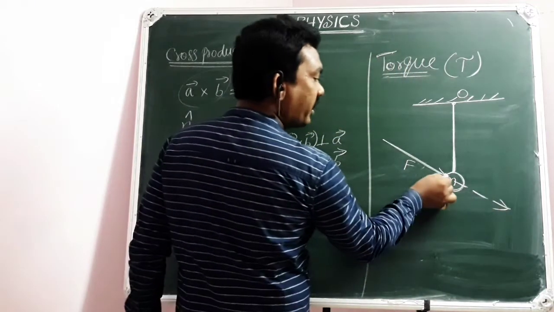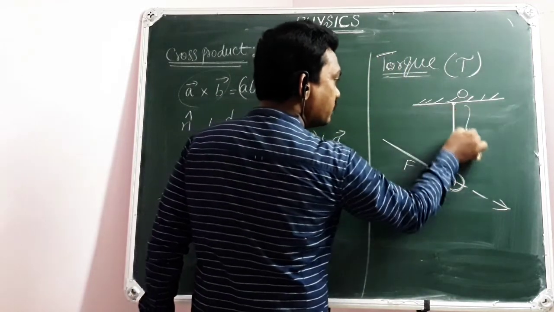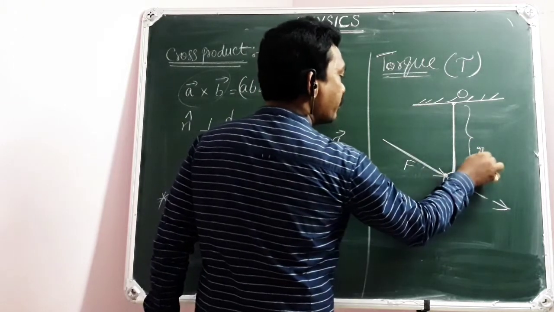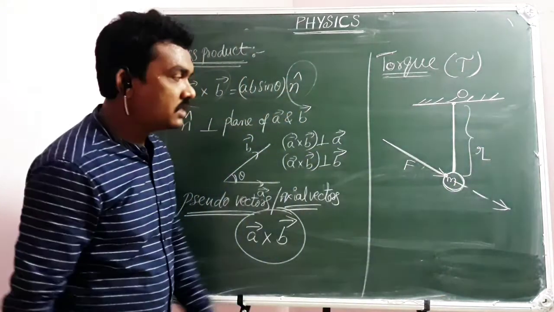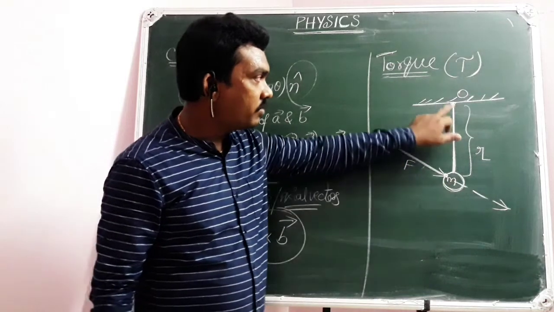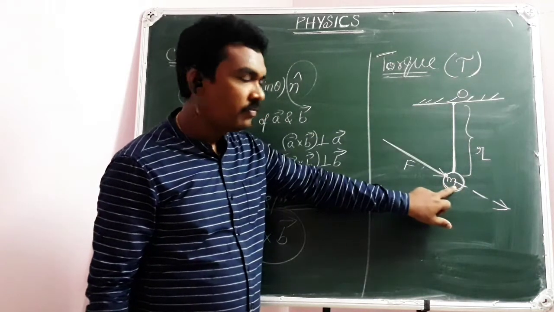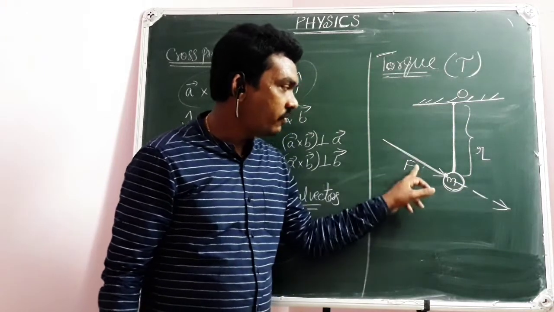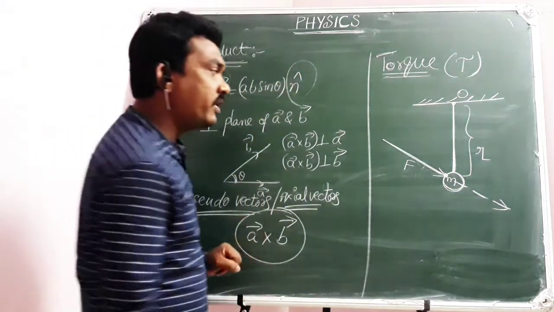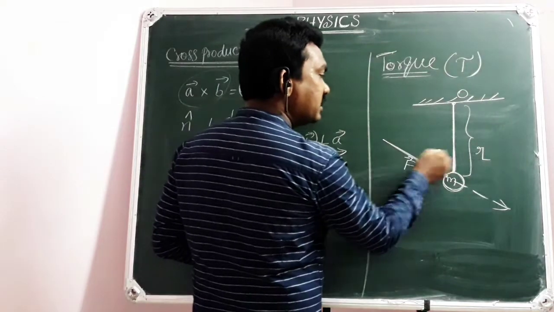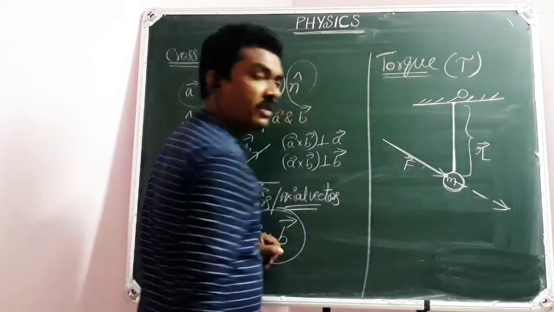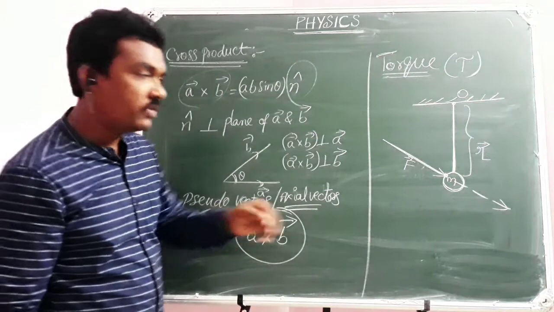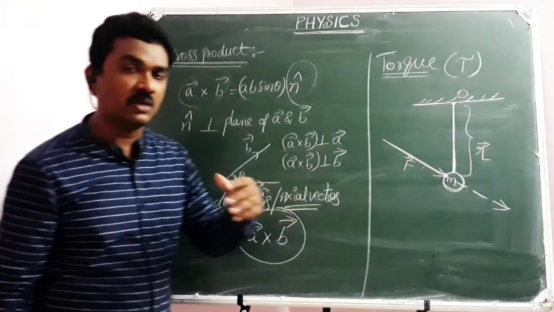And the distance of the point of application from the fixed point, we call R. The distance of the point of application from the fixed point is R, and the line of action is that of force F, so this is F bar and this is R bar, the position vector. The position of a point can be expressed in terms of a vector.